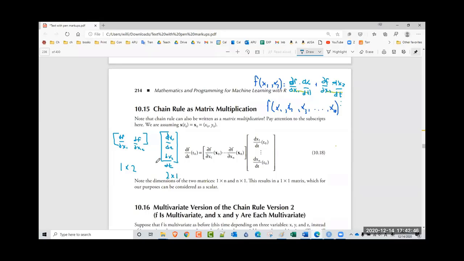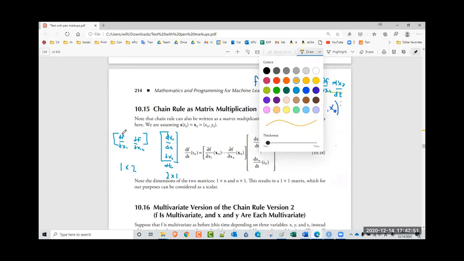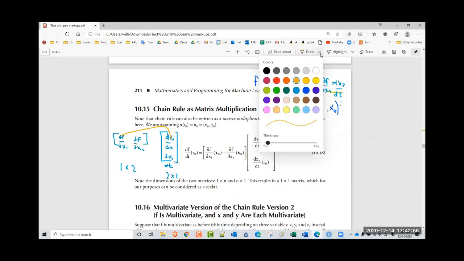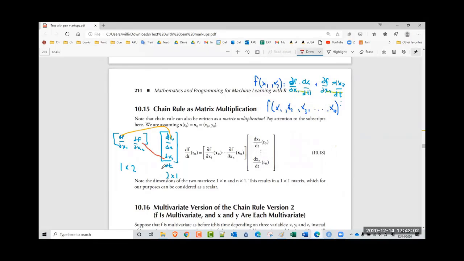You multiply this times this, and this times this, and then you add them. And you get that. By the way, this was supposed to be the derivative with respect to t. I forgot to write that.